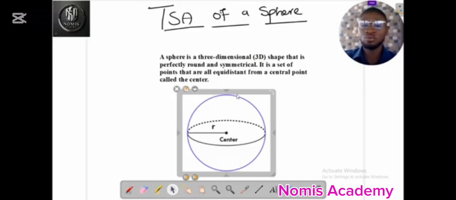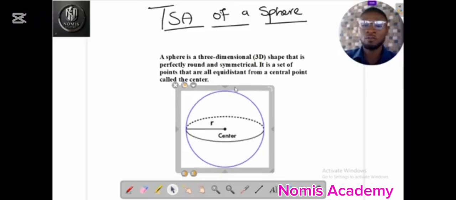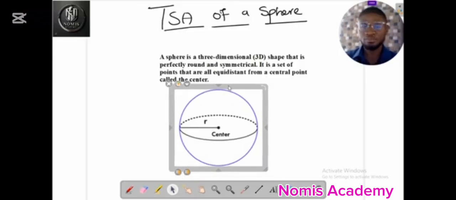Today, we want to deal with total surface area of a sphere, so we need to know the formula. Now imagine that this sphere is made up of circles, round, round, round. We all know that the area of a circle is pi r squared, right? Good.